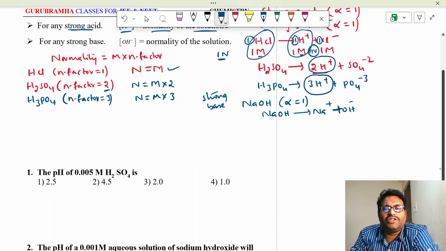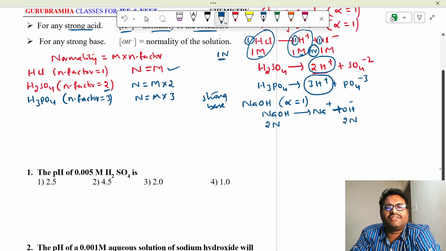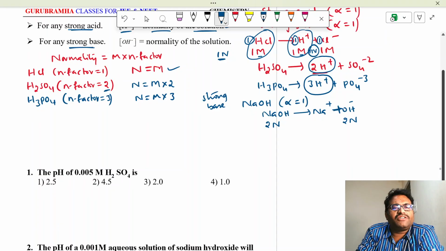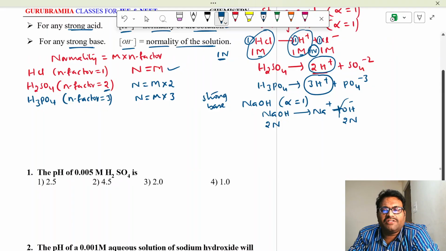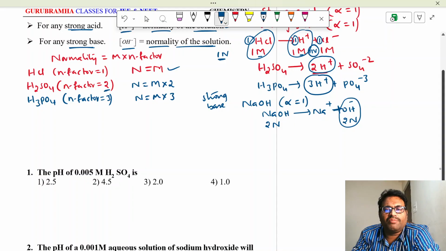If I give you the solution normality as 2 normal, what is the OH- ion concentration? 2 normal. For a strong base, OH- ion concentration is nothing but the normality of the solution. Understood? Okay.